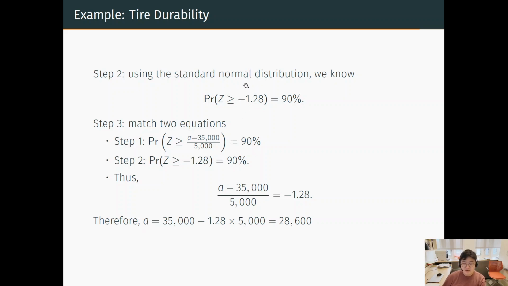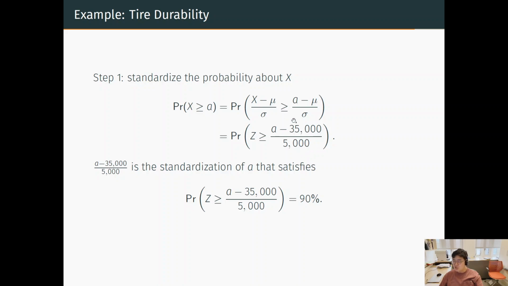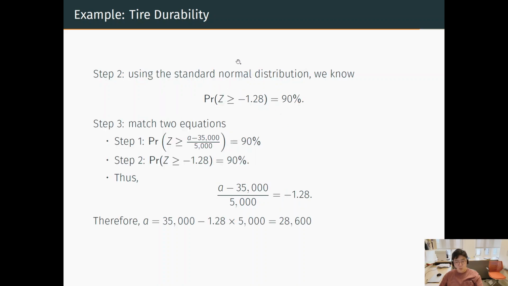We learned it earlier because 90% is above minus 1.28, so it's like the bottom 10%, the 10th percentile. So then what we are going to do is match these two equations. One is from standardization. This is from the standard normal distribution. We match them in the third step. So this equals this.